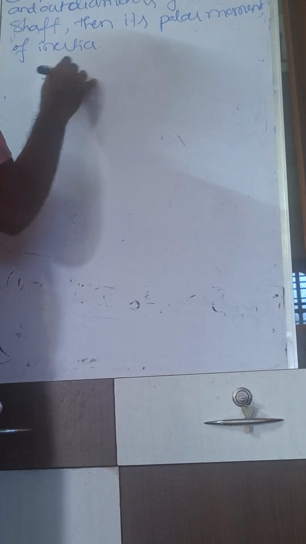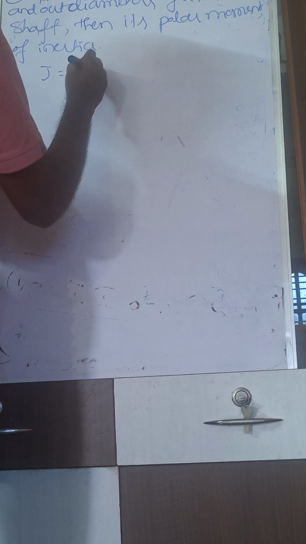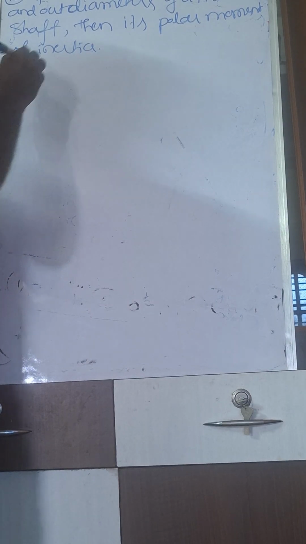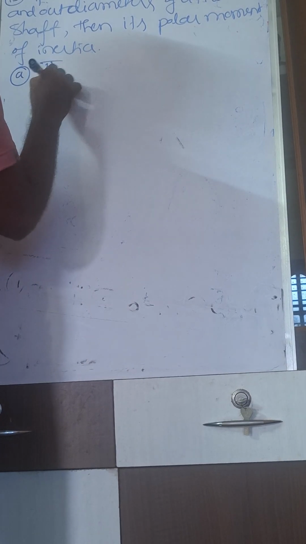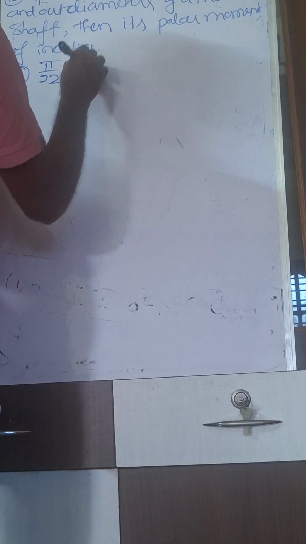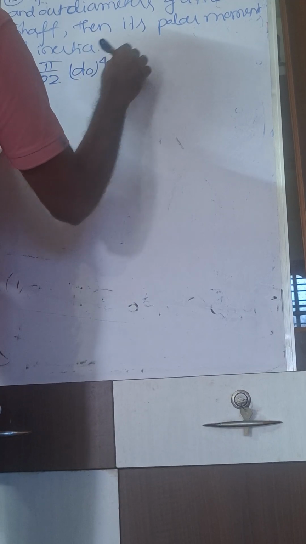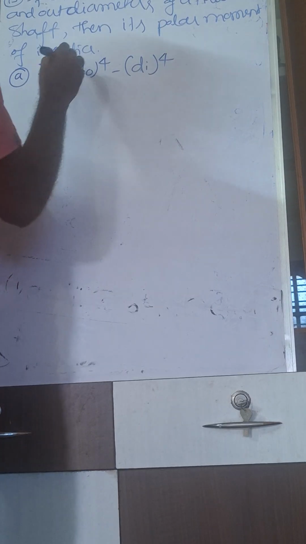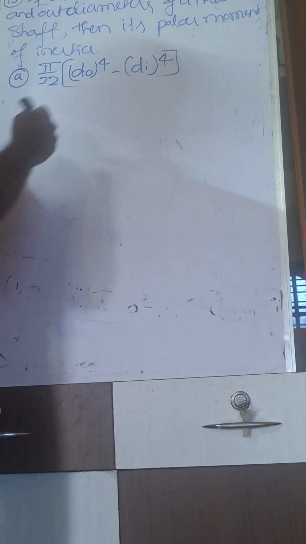J equals pi by 32 into do to the power of 4 minus di to the power of 4, close bracket.